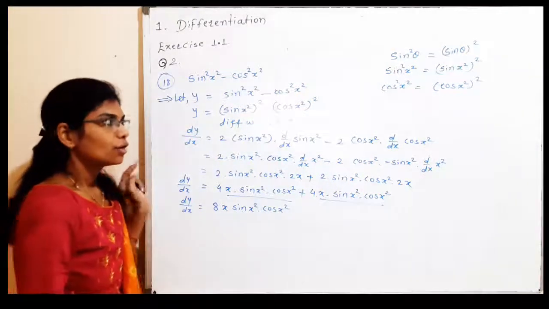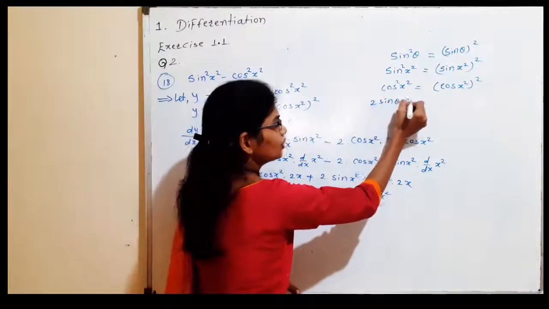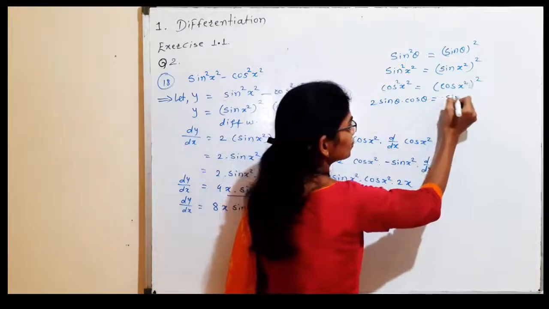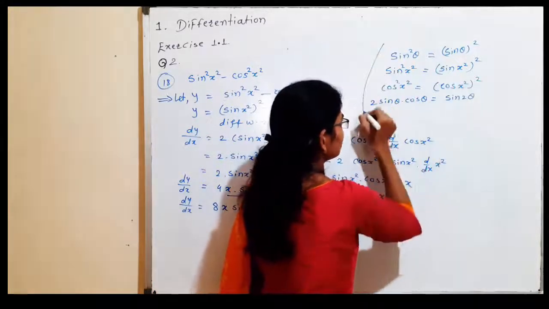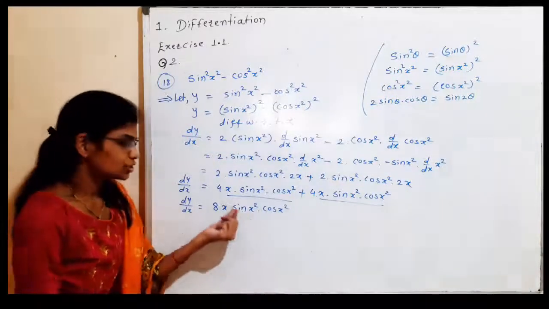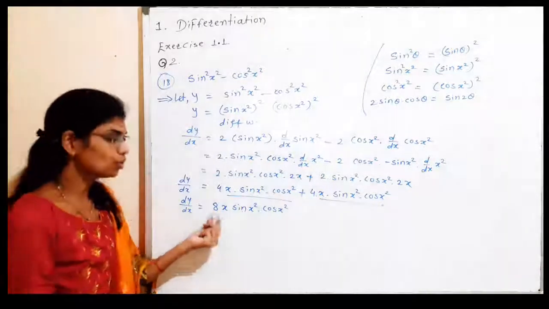And here we know one of the formulas: 2 into sin theta into cos theta is equal to sin 2 theta. In this example, we can also factorize the 8 as 4 into 2.